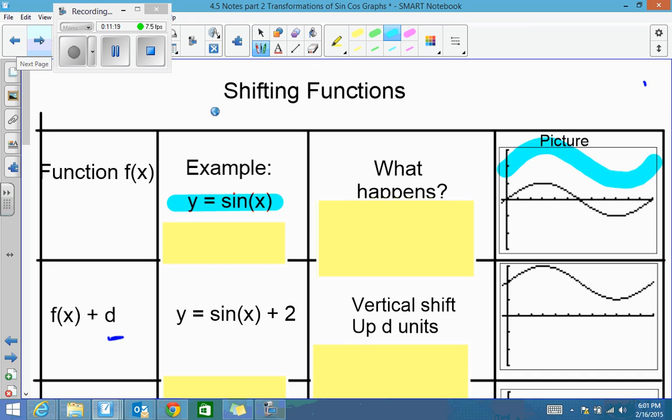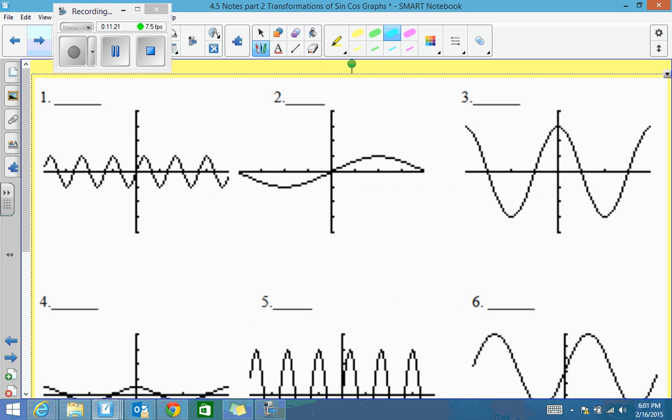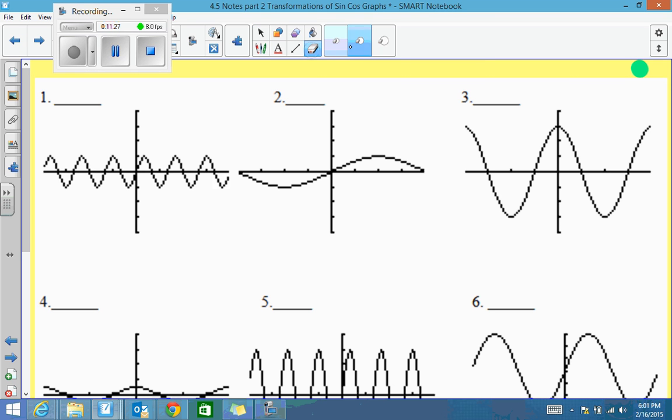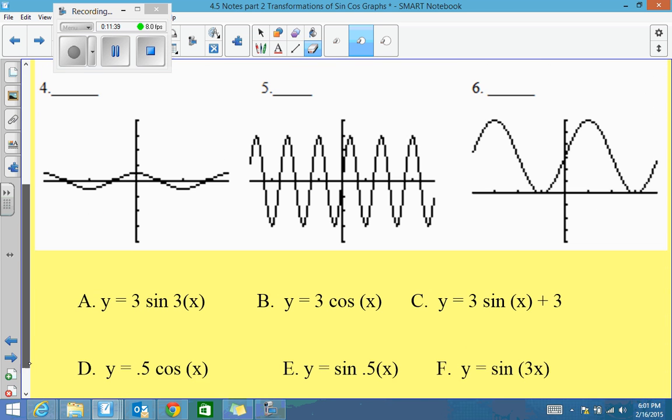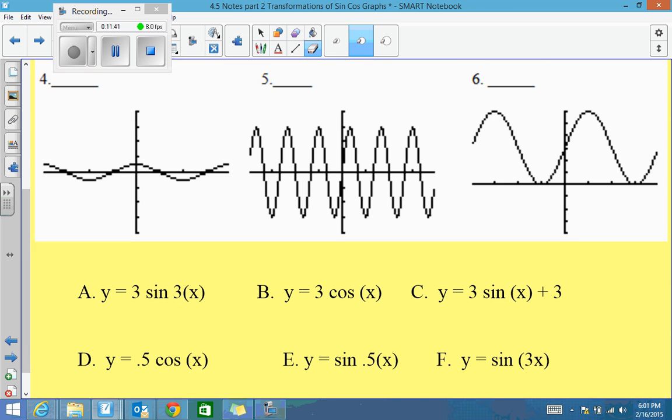So for instance, if we go to the next slide, if we want to match these equations to the graph, I'm going to get you guys started here, and then I'd like you to pause the video after we go through an example and try to match them up, then come back and see how you did. But as an example, if we look at A, the A equation here is 3 sine 3 of x.